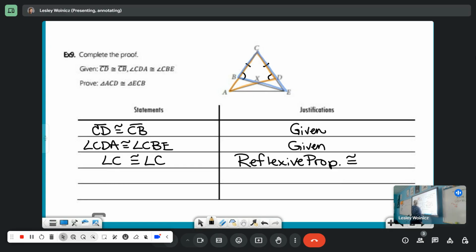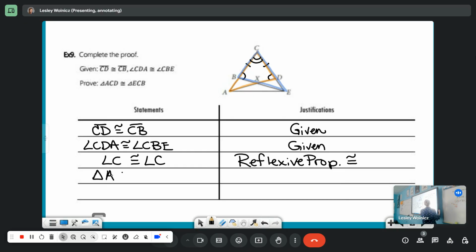Okay, so this one is congruent to itself. What do you think? Yeah, I'm gonna use angle side angle, so I can just make sure I get my congruent statement in the right order.